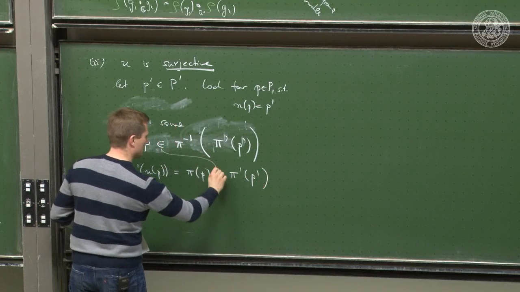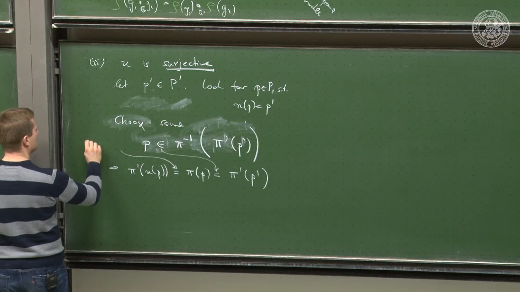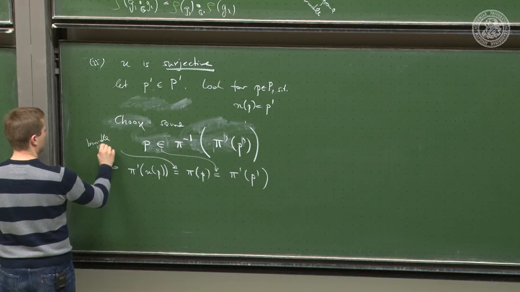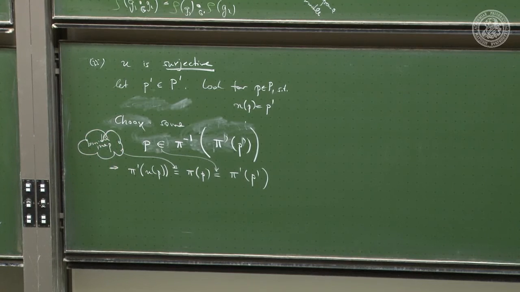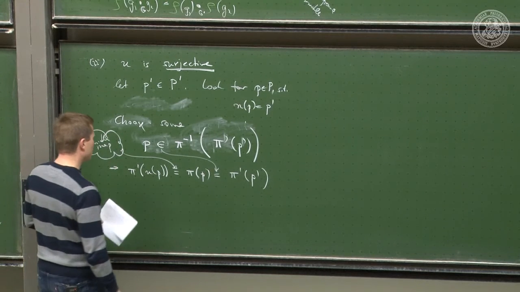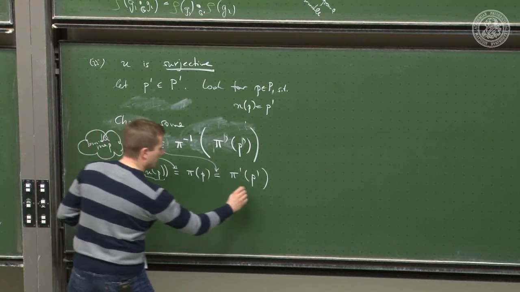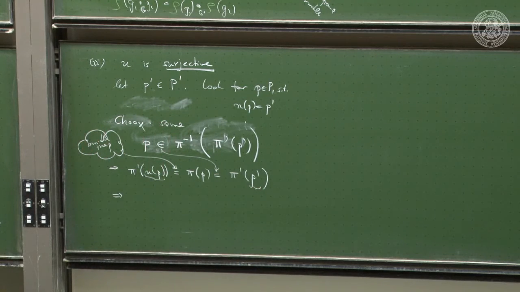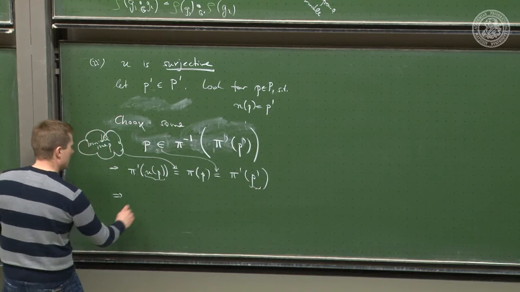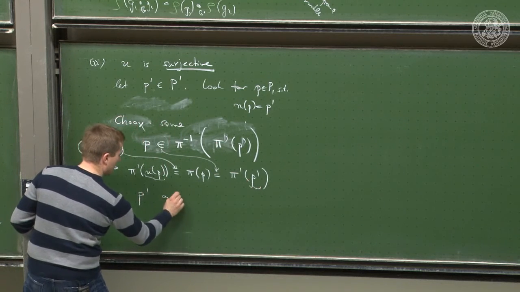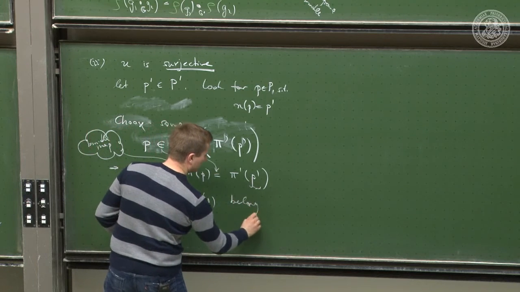So this assumption goes into here, and this here is the bundle map aspect, not the principal bundle map aspect. We only need the bundle map aspect at this point. So this is certainly the case. But therefore, it again follows that these two are mapped to the same base point, because the pi prime maps them to the same base point. That means that the p prime and the u of p belong to the same fiber.